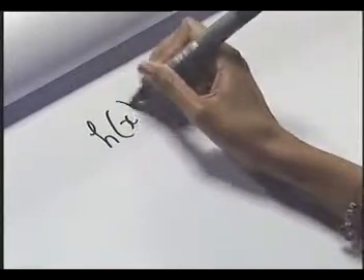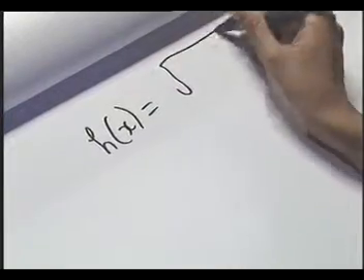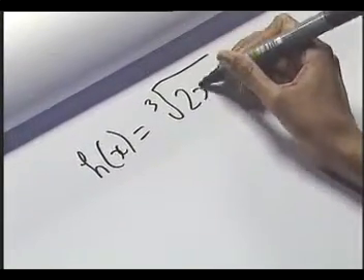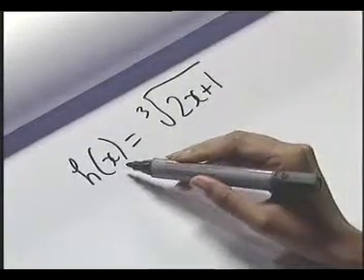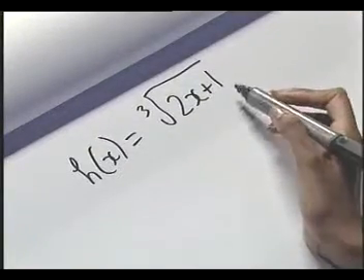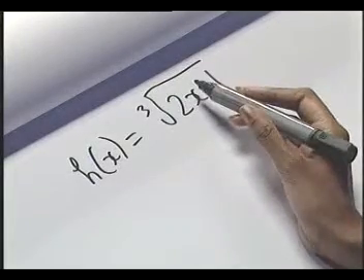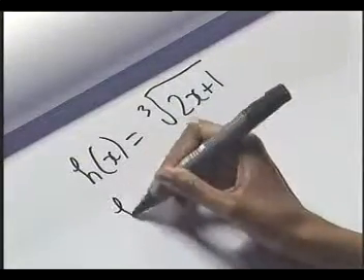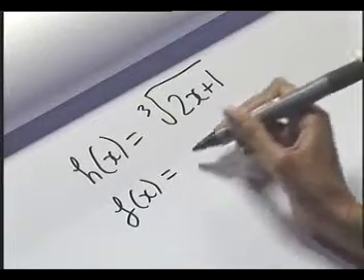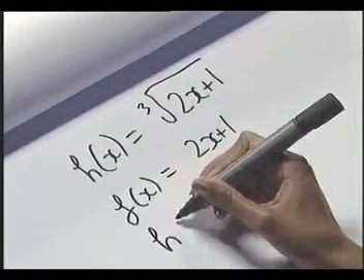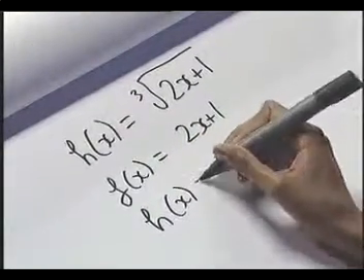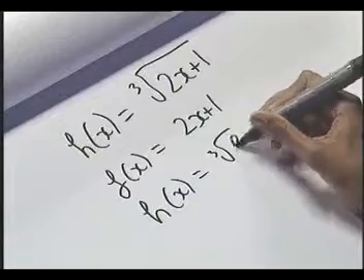Let's decompose another function. This time we'll have function h of x equals the cube root of 2x plus 1. Now, first here we send x to 2x plus 1, and then we cube root the whole thing. So if we let f of x be 2x plus 1, then h of x is the cube root of f of x.